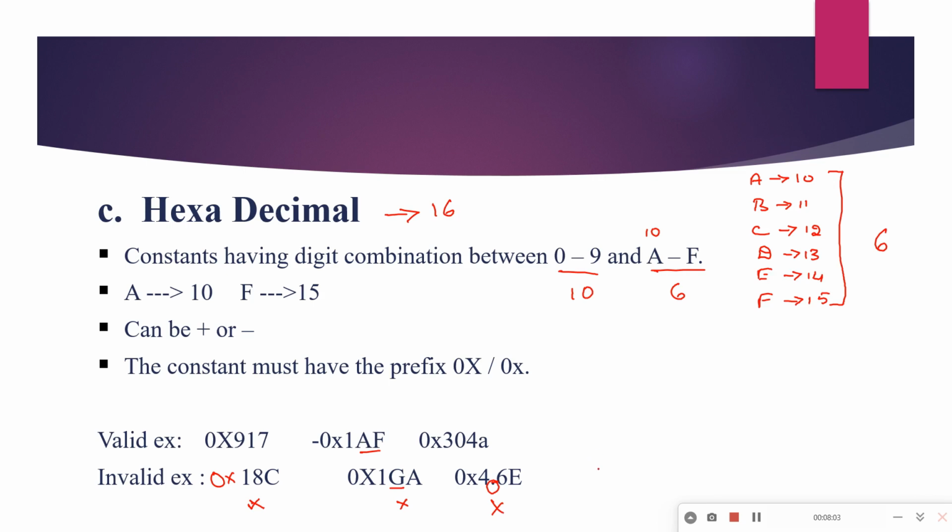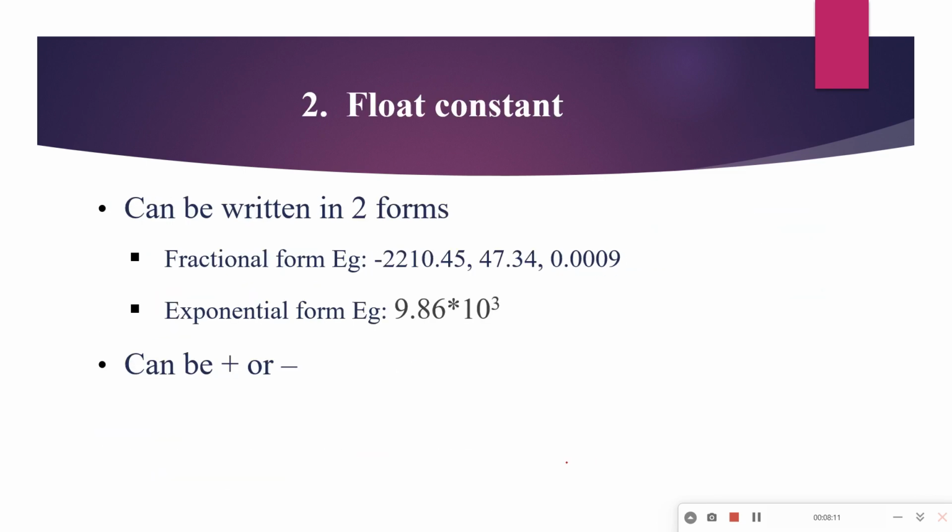So, in the integer constant, we have studied decimal integer constant, octal integer constant, and hexadecimal integer constant. Next, we will go with the floating point constant, or we can also call it a real constant. A real constant or floating point constant can be written in two different forms. One is fractional form and the other one is exponential form.